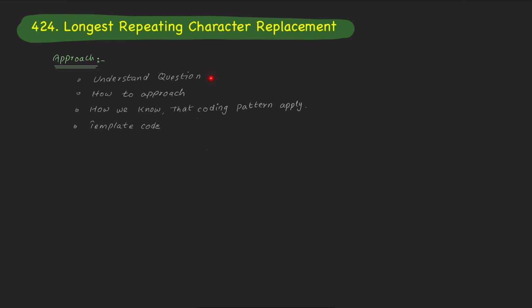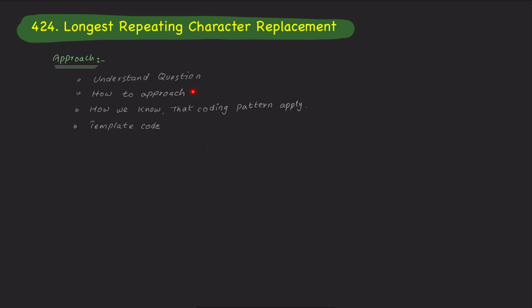Our approach will be: first we will see how this question can be asked, and then we will understand the question, like what type of questions we have to ask to clear our doubts, not more questions, but appropriate questions, which can lead you to an appropriate solution.